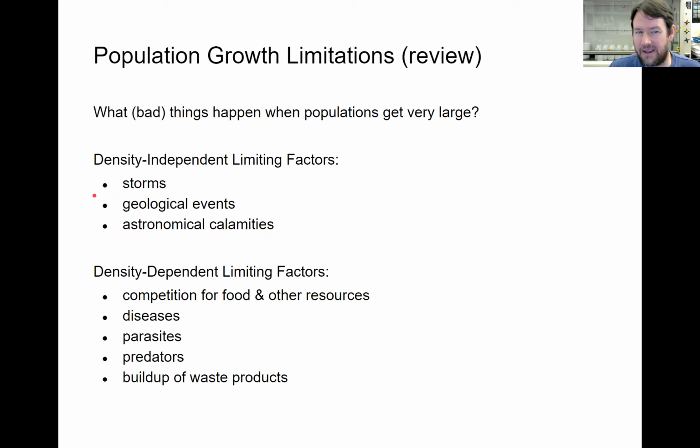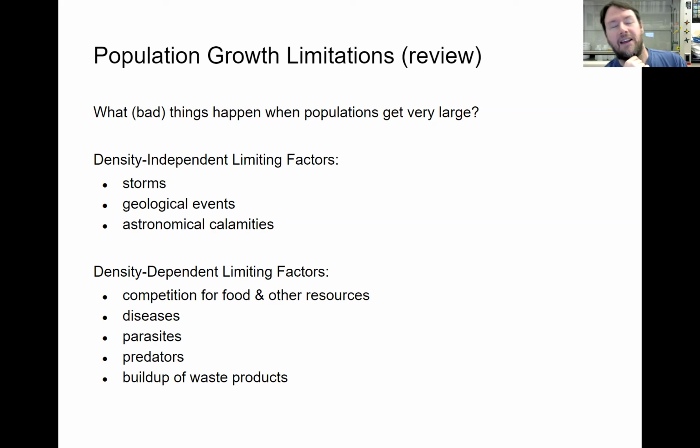For some of these, we could think about the human population and say, oh yeah, when our population density gets high, we live in places where things like storms or volcanism could happen more easily. Okay, sure, but that's maybe a limited example for humans. Other organisms generally don't choose their habitats quite as carefully. Well, actually, I don't know, is that true?